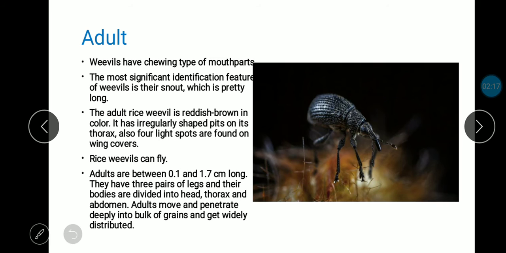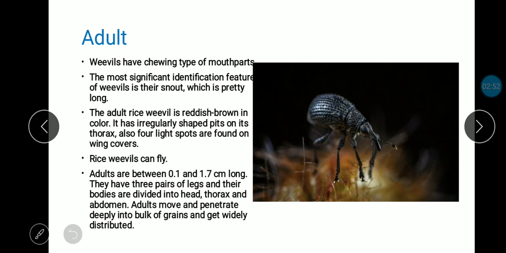In this diagram you can observe the mouth parts also. The most significant identification feature of the weevil is its snout region, which is pretty long. That is, the head is prolonged anteriorly into a snout, which is helpful for feeding, and hence its name in Marathi, sondi kida.